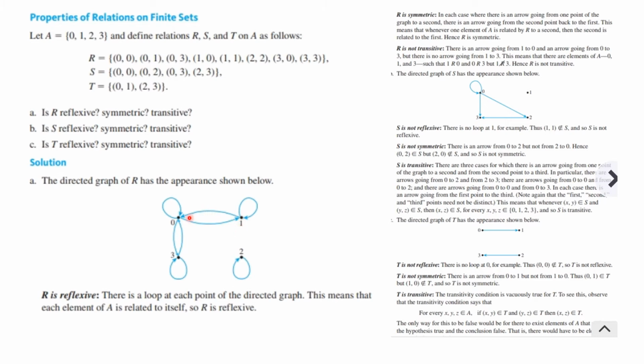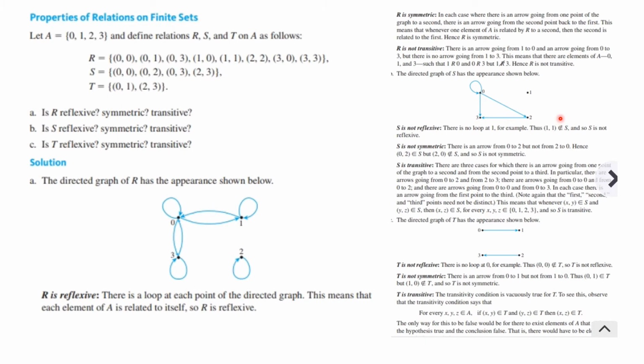So here's 1 to 0, and we go from 0 to 3. It's a little bit hard to see, but it is this one. But there is no arrow going from 1 to 3. So we found a counterexample, so this is not transitive.